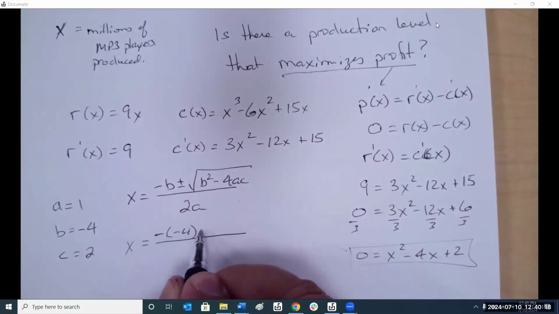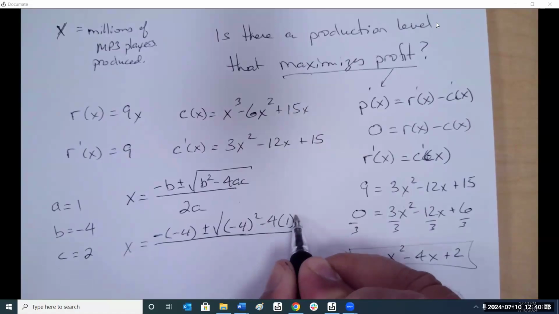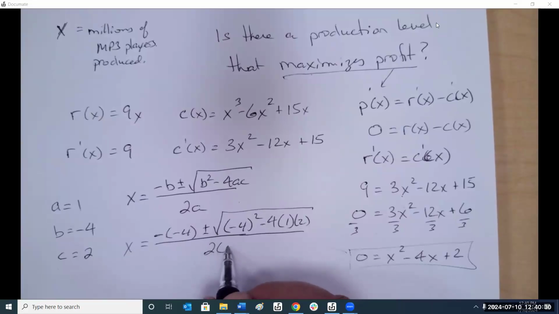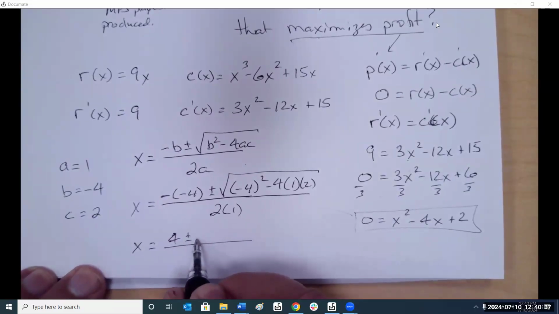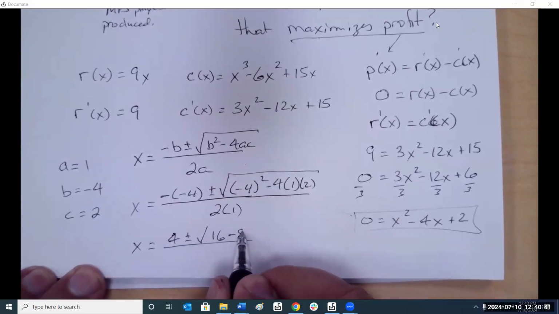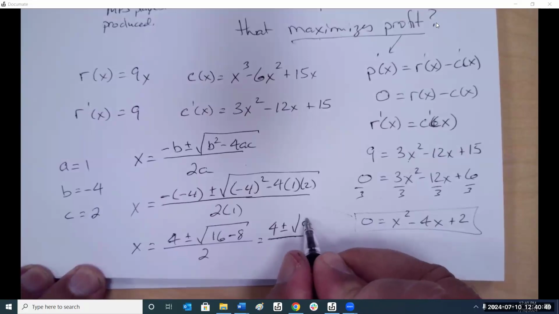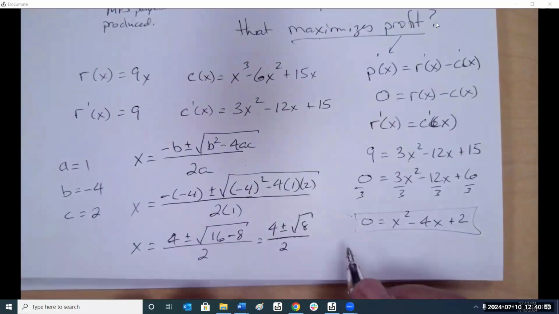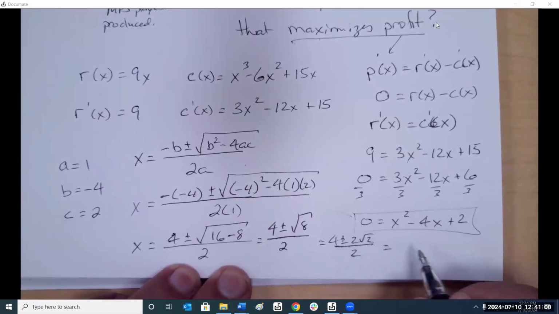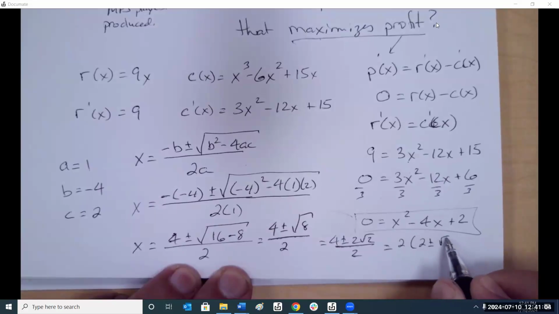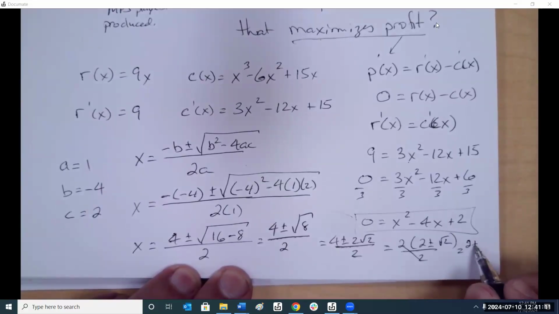So negative of -4, -4 squared minus 4 times 1 times 2. 4 plus or minus square root of 16 minus 8 over 2. 4 plus or minus square root of 8 over 2, which is 4 plus or minus 2 square root of 2 over 2. 2 plus or minus square root of 2 over 2, which is 2 plus or minus square root of 2.